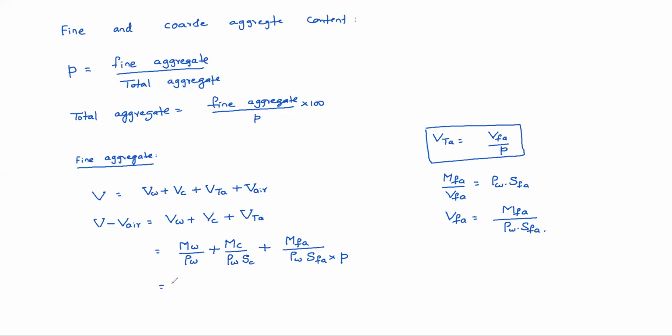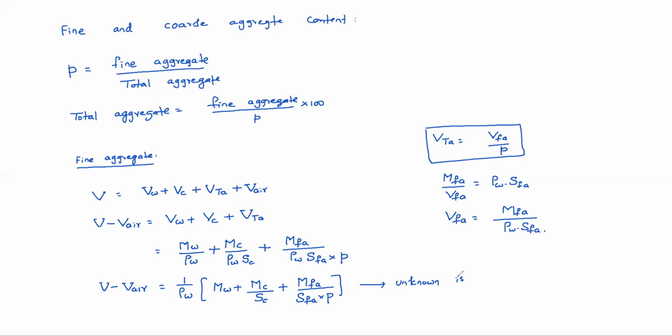Understood now? So that means here total volume minus volume of air equal to 1 by rho W, you can take it out, mass of water plus mass of cement by specific gravity of cement plus mass of fine aggregate divided by specific gravity of fine aggregate into P. Already you know P. What is the unknown in this equation?